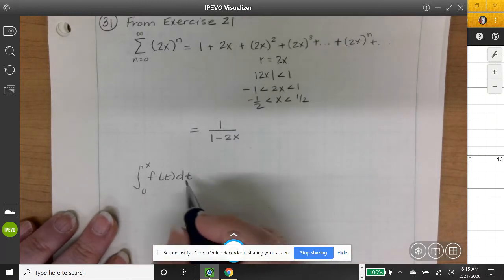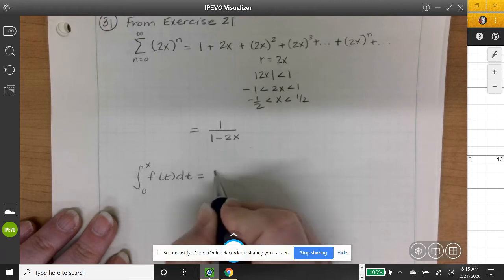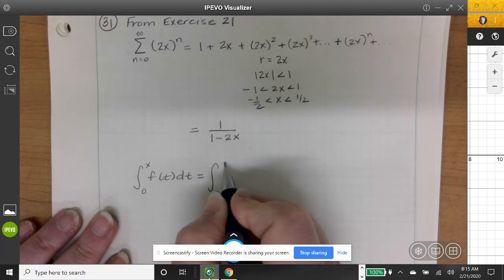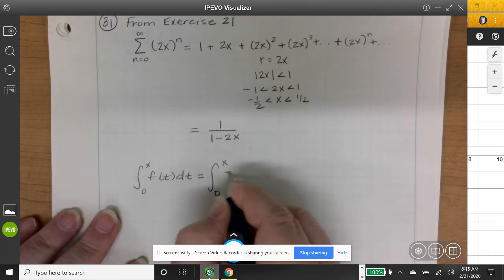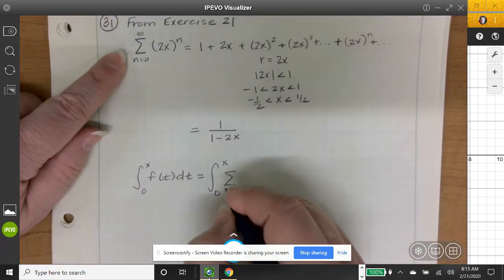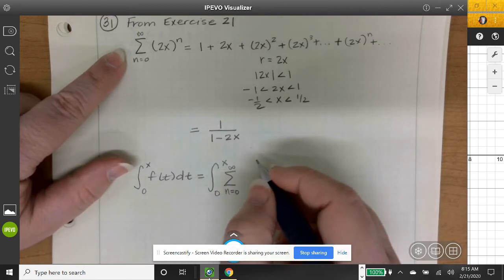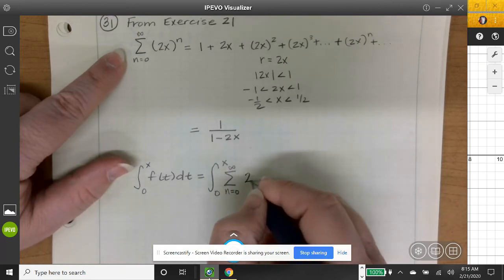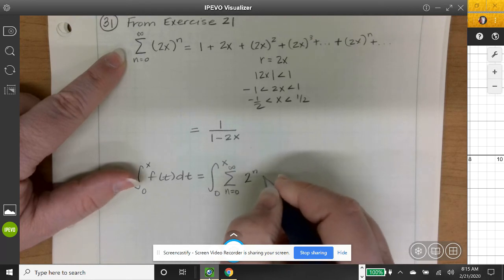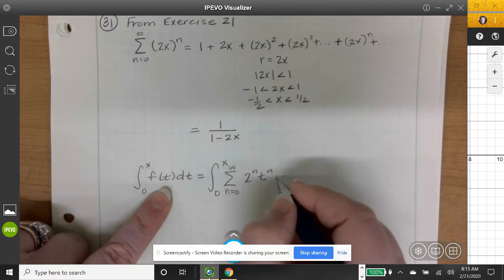And we're going to say that that's going to equal then the integral from 0 to x of the sum, because we're summing an infinite series from n equals 0 to infinity of, I'm going to rewrite this as 2 to the n, t to the n, because we're integrating this now as f of t. And then we're going to go dt.